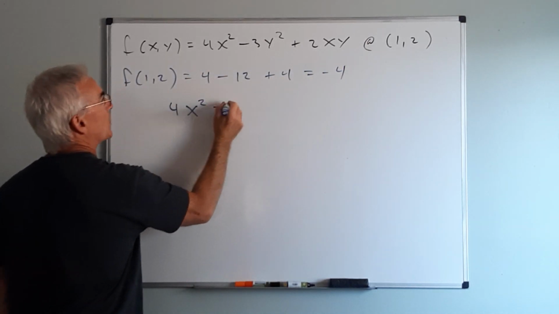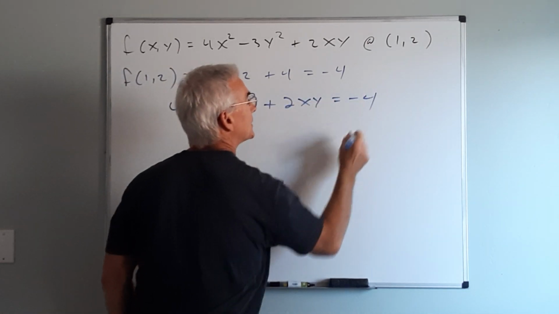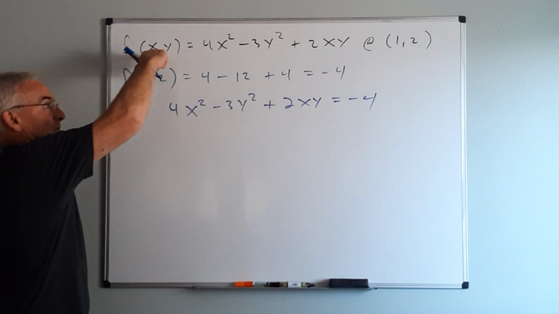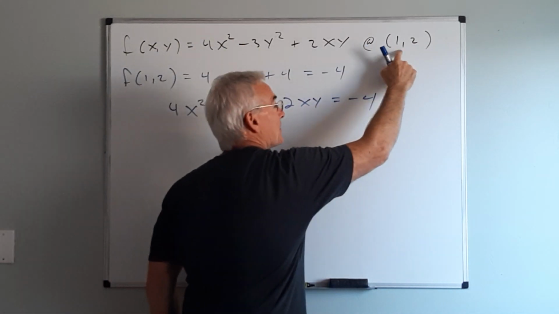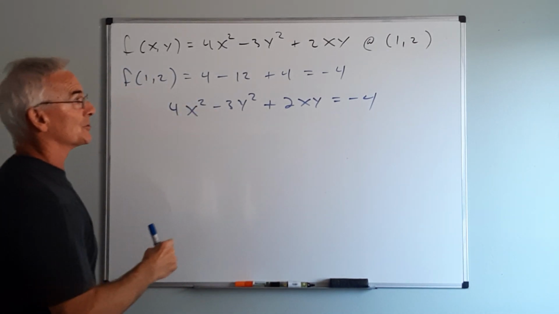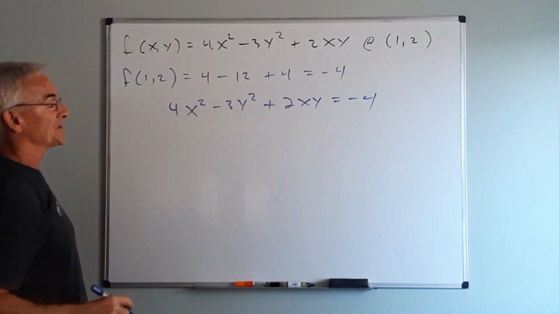So 4x squared minus 3y squared plus 2xy equals negative 4 would be a level curve of this 3-dimensional function at this point. So think of it this way, that on the x, y, z, I have the ordered triple 1, 2, negative 4 that this curve passes through.